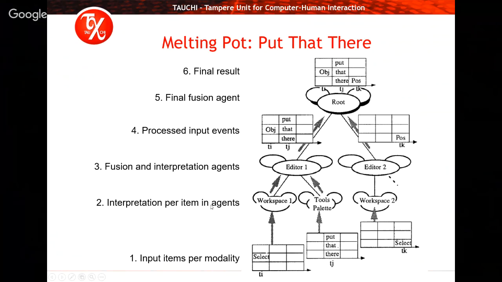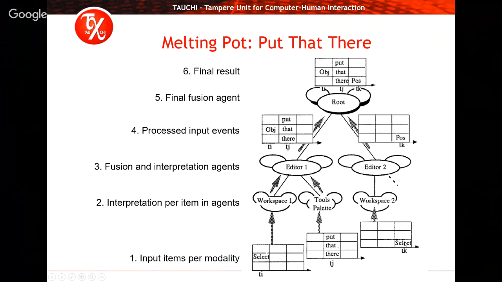We have these agents working on this information. First fusion happens in here, so these are all the agents. This one combines these two into this object, put that there, so this object will be put somewhere.